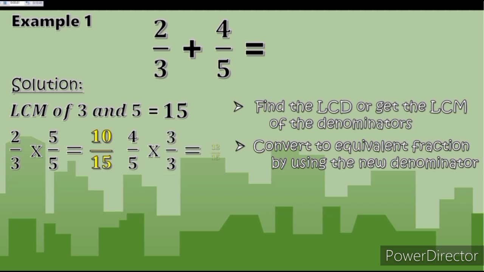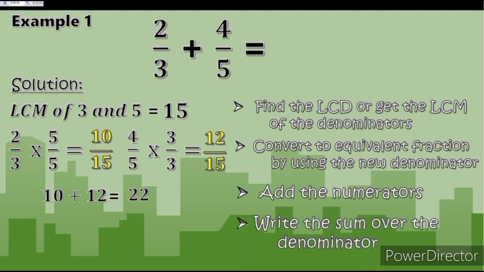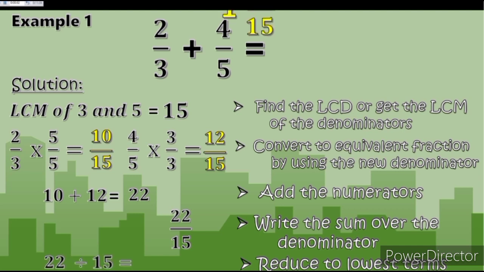The product is 12 over 15. Then, let's add the numerators. 10 plus 12 is equal to 22. Now, write the sum over the denominator. We have 22 over 15. Then, reduce to lowest terms. Correct, 1 and 7 over 15.